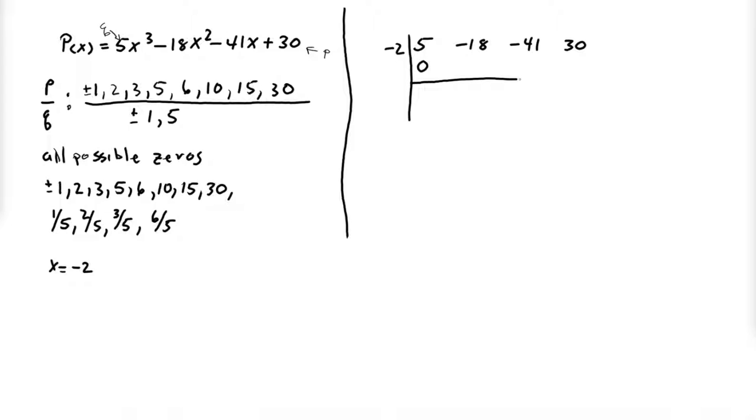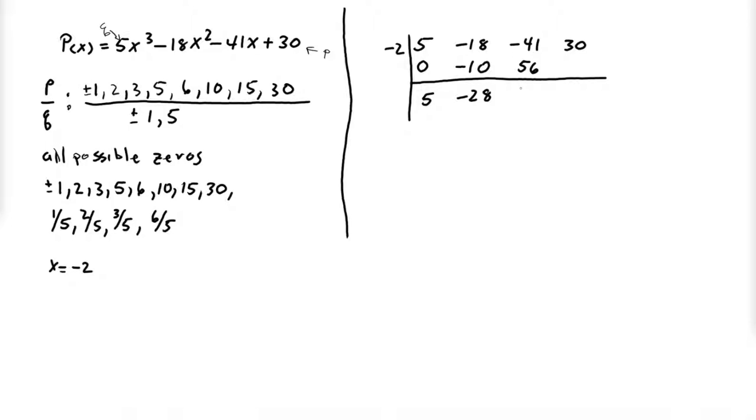Put down a 0. 5 and 0 is 5. -2 times 5 is -10. -18 and -10 is -28. -2 times -28 is, I'm sorry, +56.